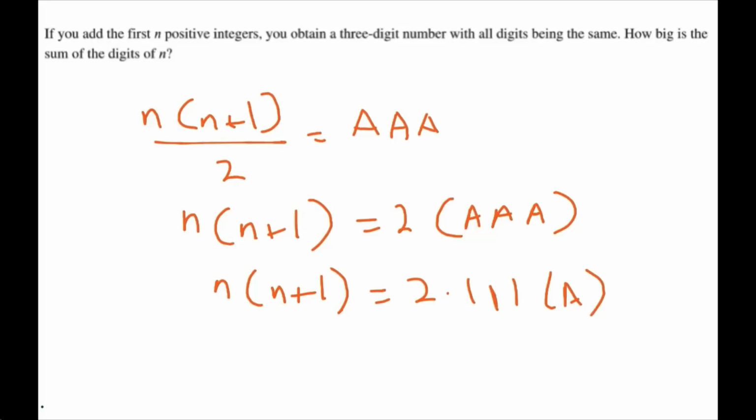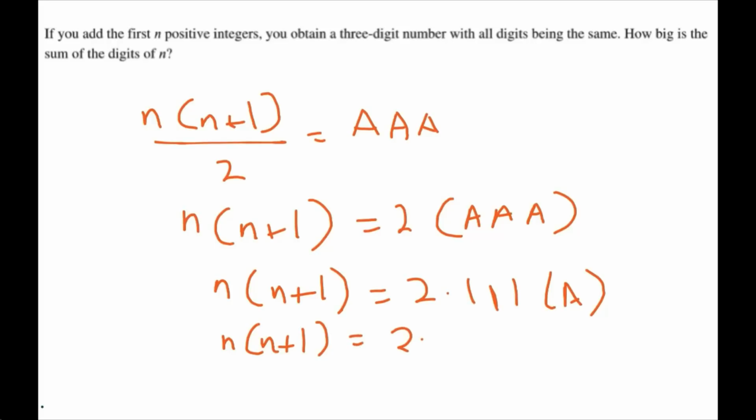If you don't understand this, pause the video and try to come up with this on your own. So now we know that n times n plus 1 is equal to this expression.